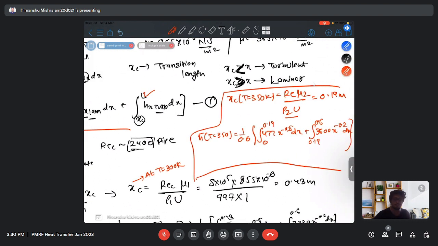So again we just need to integrate it, and we will get the average heat transfer coefficient, in this case 3710 watt per meter square Kelvin.